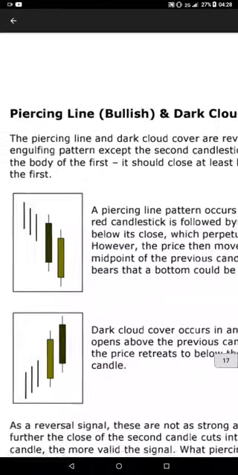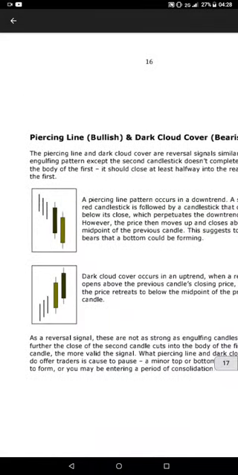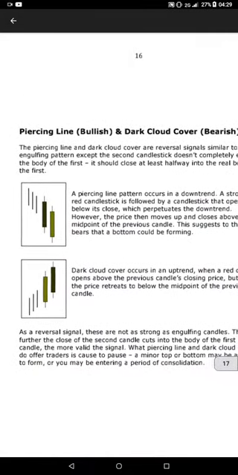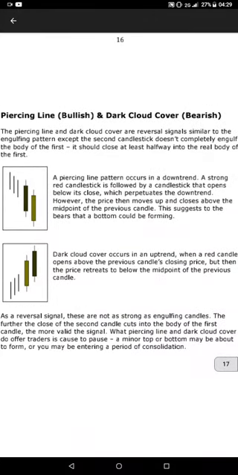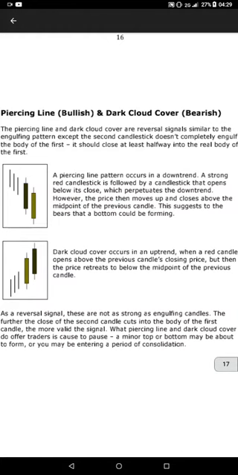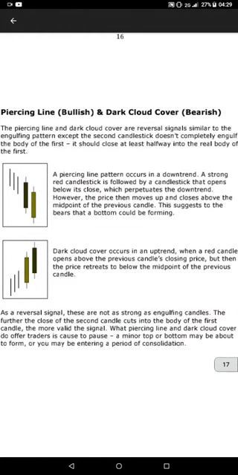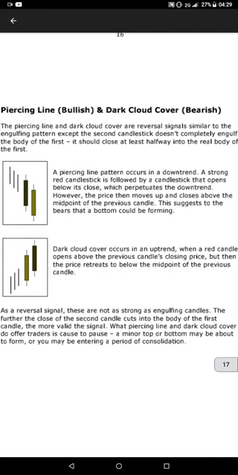Guys, as you can see here, a piercing line pattern occurs in a downtrend. A strong red candlestick is followed by a candlestick that opens below its close, which perpetuates the downtrend.